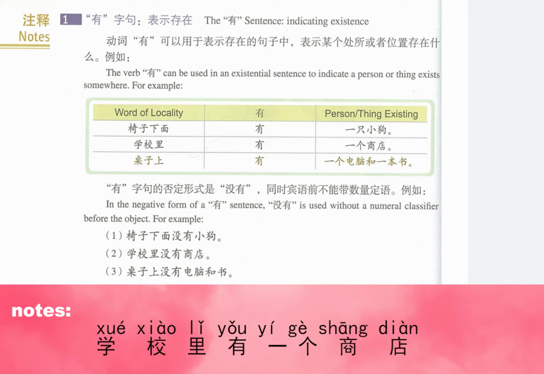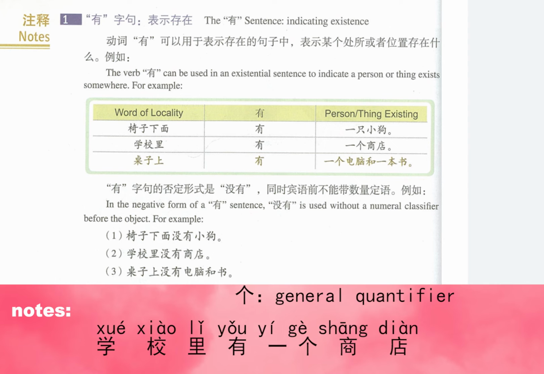Here, 个 is a quantifier, and it's a very general quantifier. So basically, if you're being very lazy, you can just use 个, this quantifier, to describe everything if you want to be lazy. So it's a general one. It's a safe one. People would not laugh at you if you say 个.